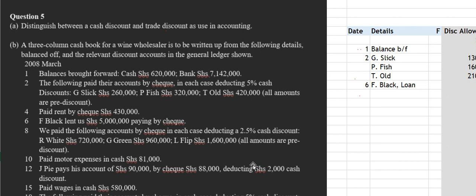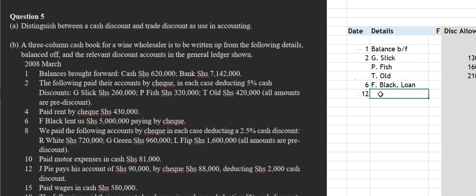Then after that, JetPay pays his account of shillings 90,000 by check, shillings 88,000, deducting shillings 2,000 cash discount. So this is a discount allowed to the customer. This is on 12th, so the customer is paying, so the wine wholesaler is receiving money, so he's going to debit his cash book.